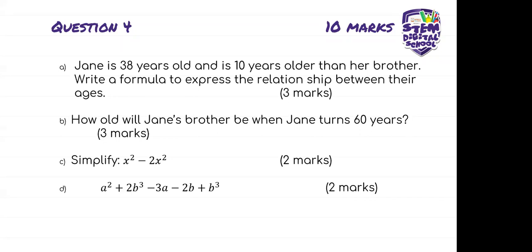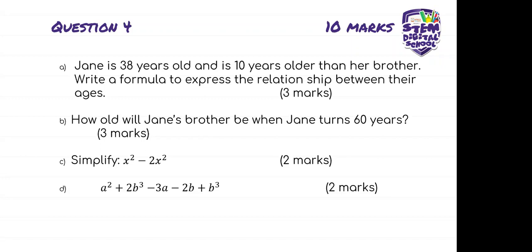The main thing is that when we use your formula to calculate the brother's age, it should give us the correct answer. So the second one is saying, how old will Jane's brother be when Jane turns 60 years? And how are you going to find it? Cheryl says 60 minus 10 is 50.